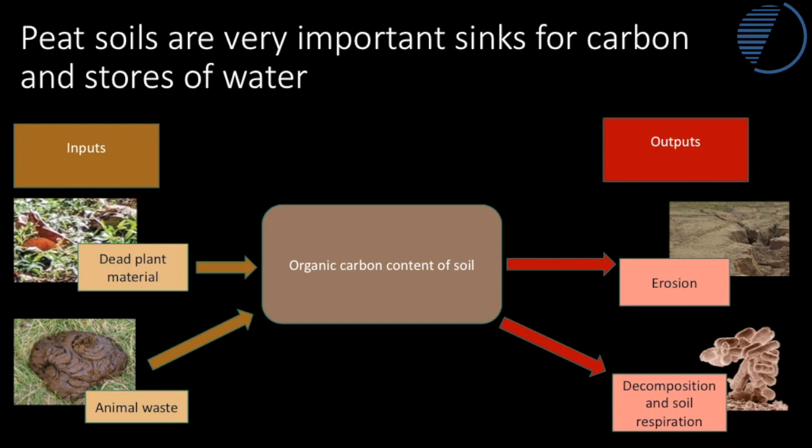In high latitudes, like where we live in the Northern Hemisphere in the UK, in Scotland for example, we have very low rates of plant breakdown, and that's because we have low temperatures. So the vegetation which is dying is adding organic material to the soil, and it's not decomposing.